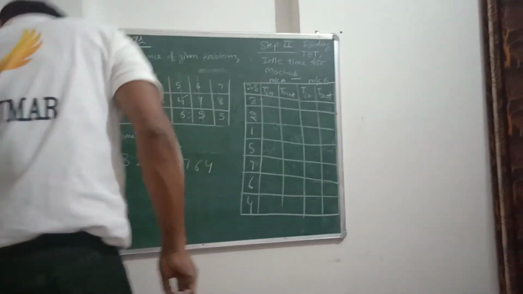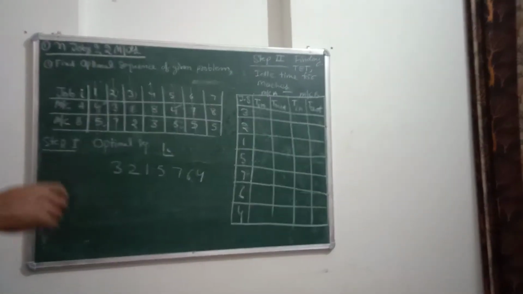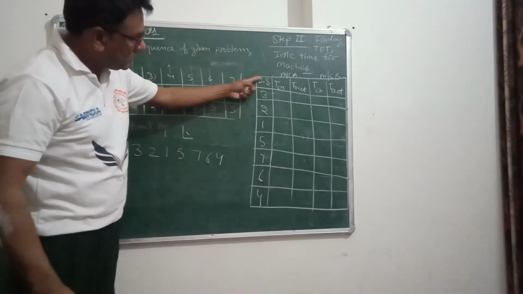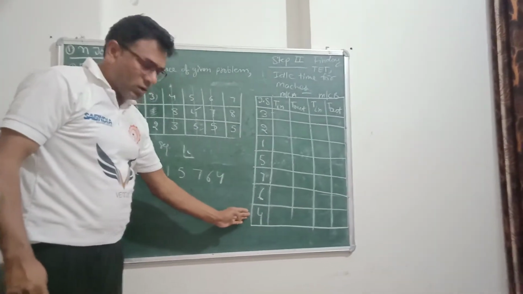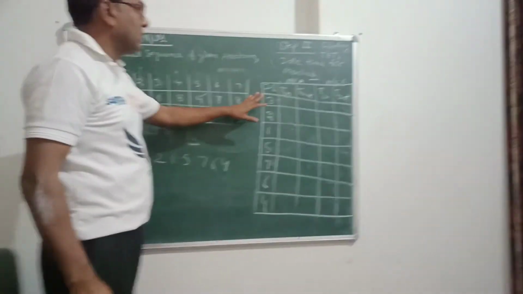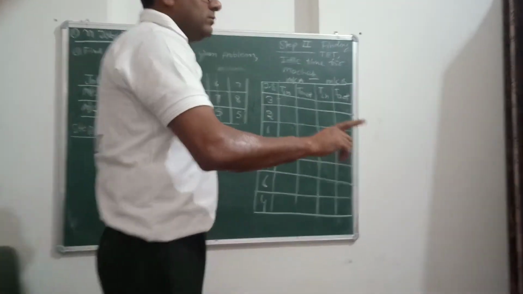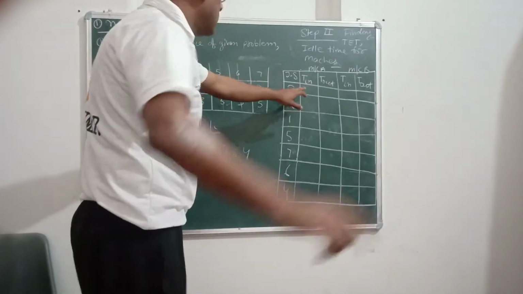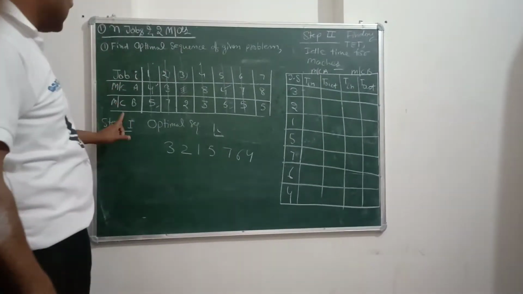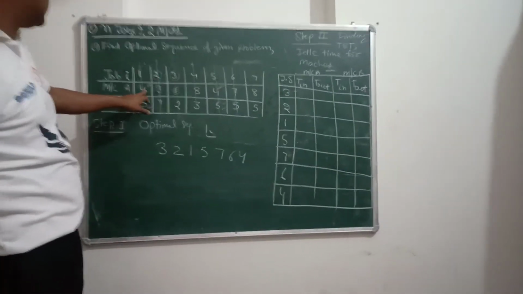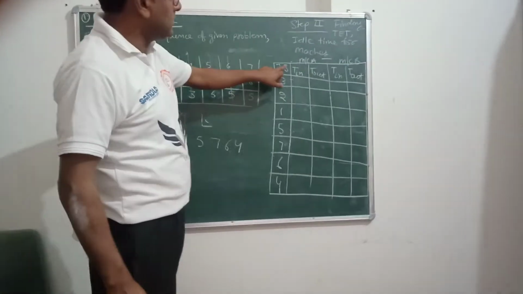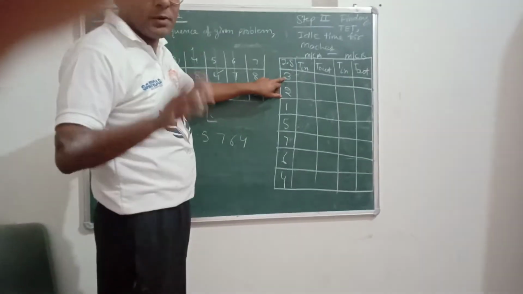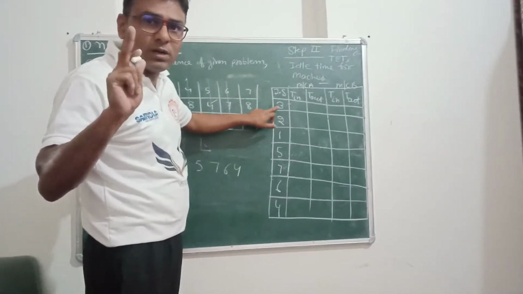Now you will see we have entered the optimal sequence in the job sequence column. For machine A, in the job sequencing order, the first job which has to be performed is job number 3.